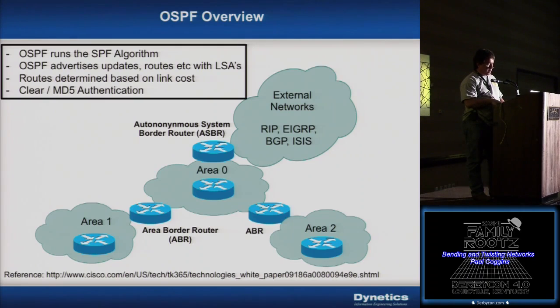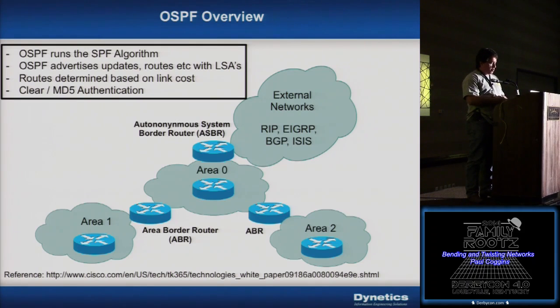Area 0 is the backbone. But if you have a large network where you need to segment it so that you can aggregate traffic and take the CPU load off the routers, because the network is getting too large, you'll break it up into sub-areas like Area 1, Area 2, but they have to have a router that touches Area 0.